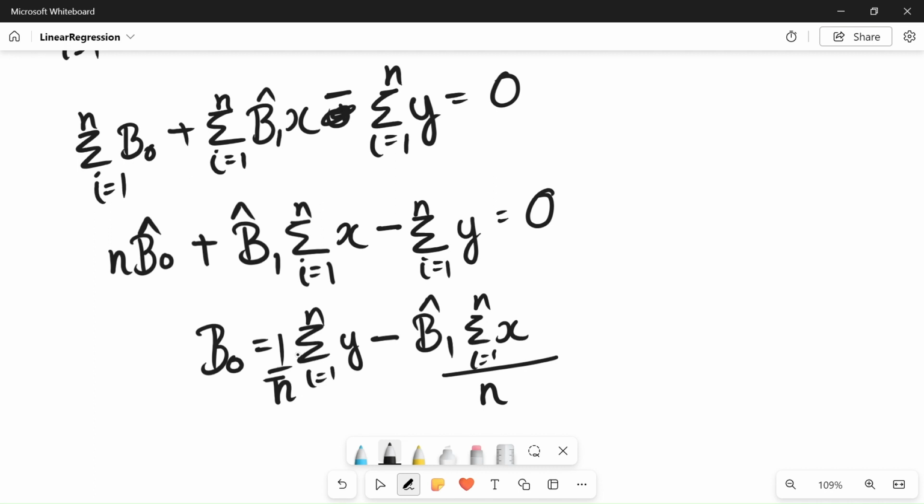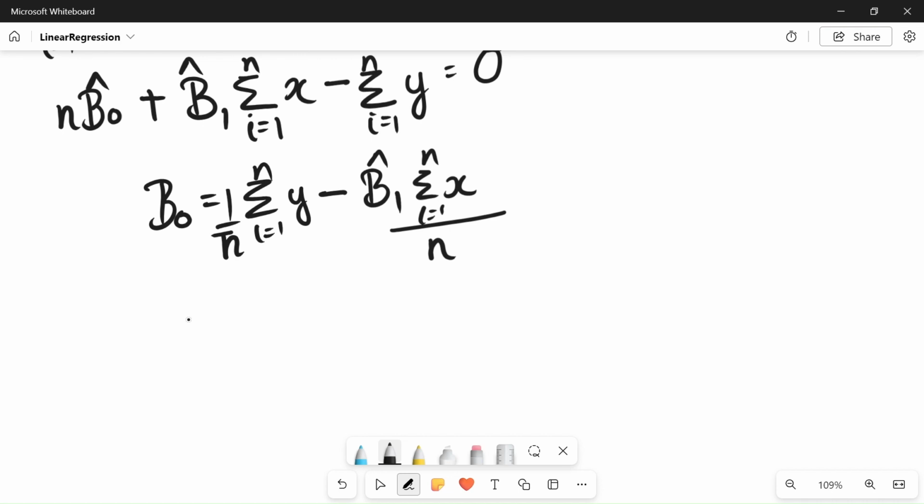Now the summation of all the points in your dependent data set divided by the number of points, and the summation of all the points in the independent data set divided by the number of points, will give you the average, right? So y bar minus beta 1 x bar.